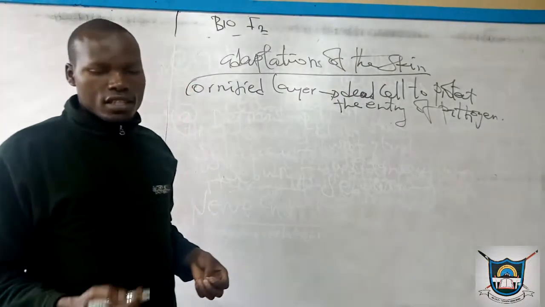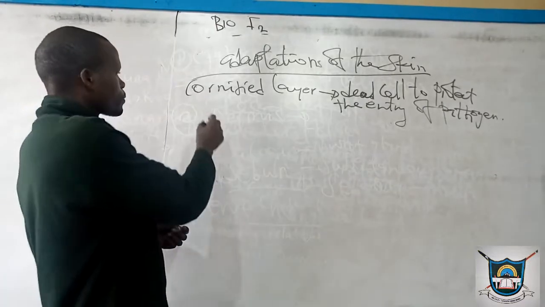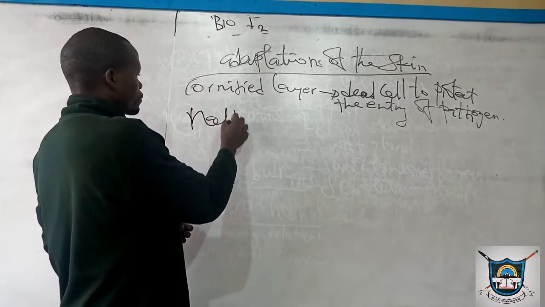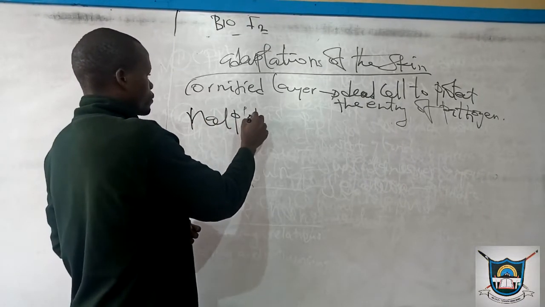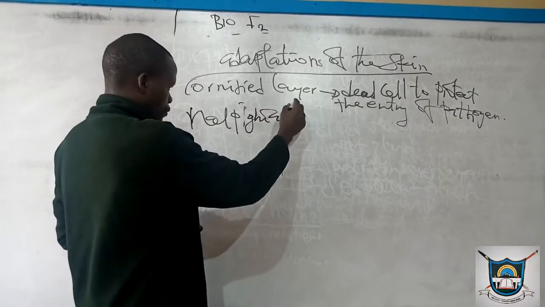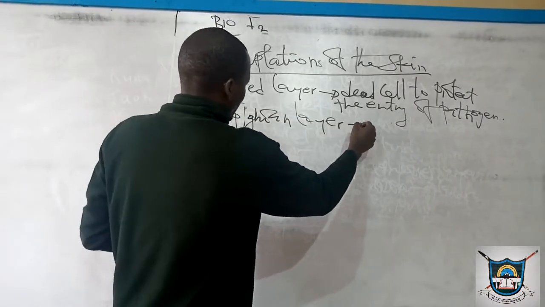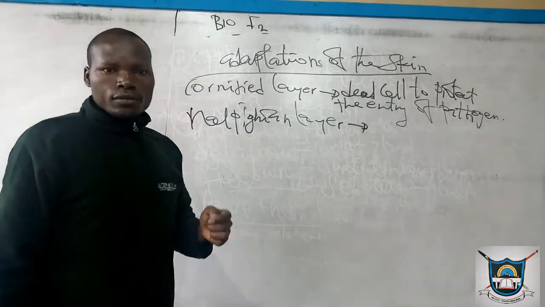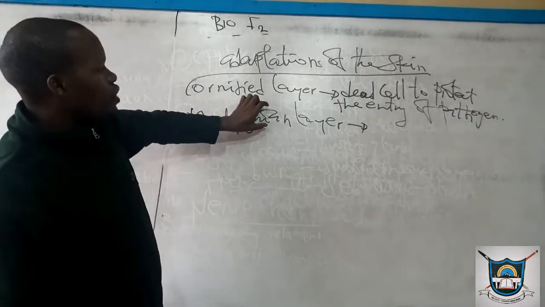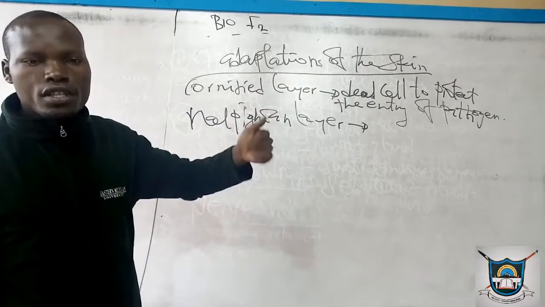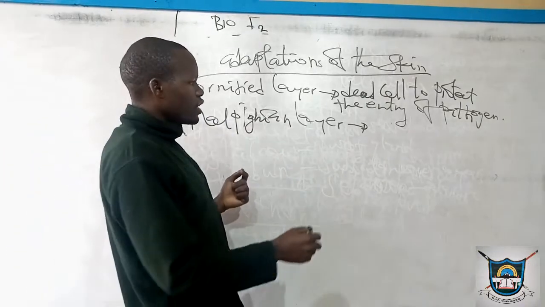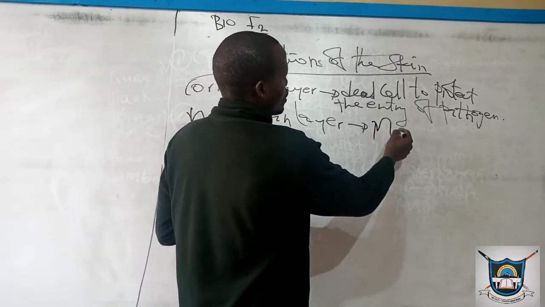We can also say that the skin has the Malpighian layer. Now, for the adaptation to be realized, it is with respect to the content in it.